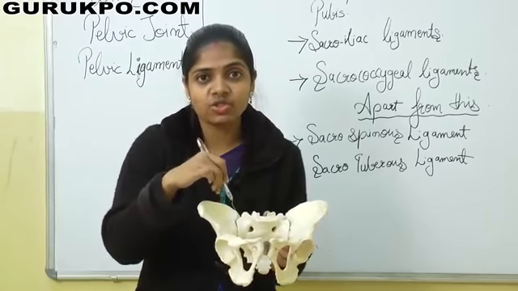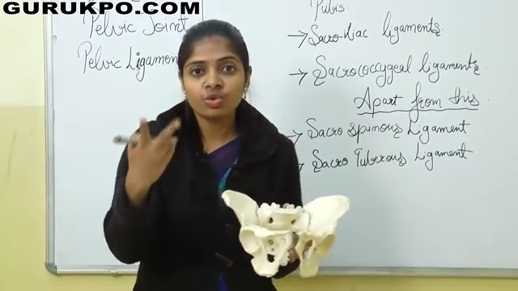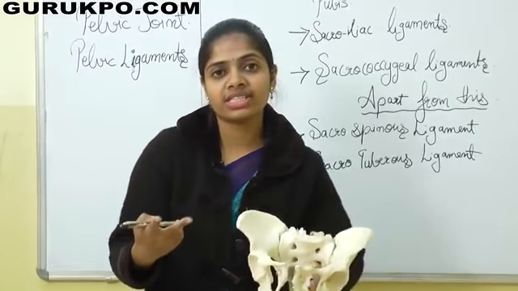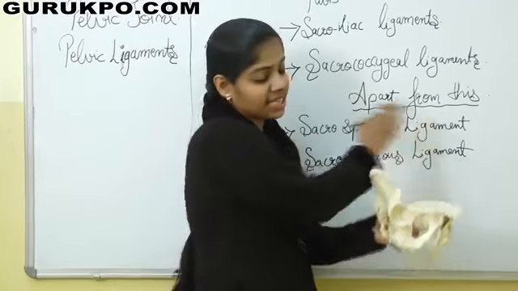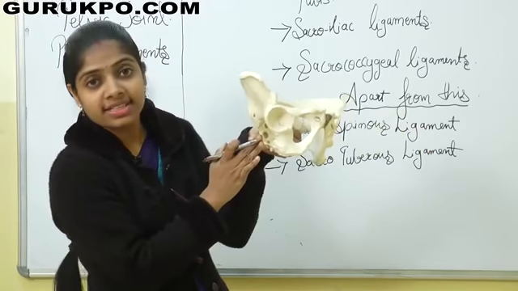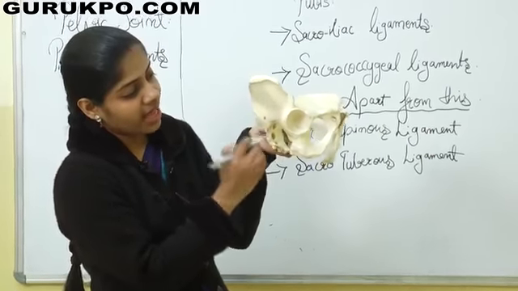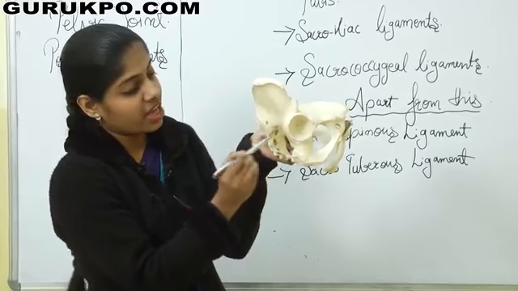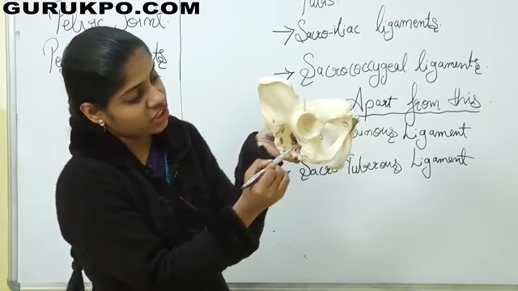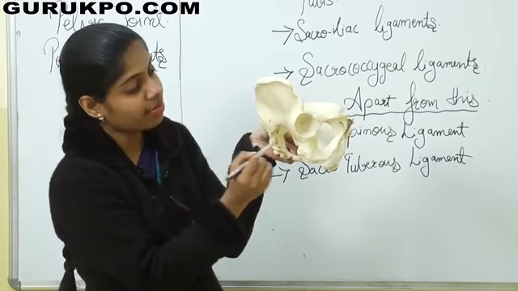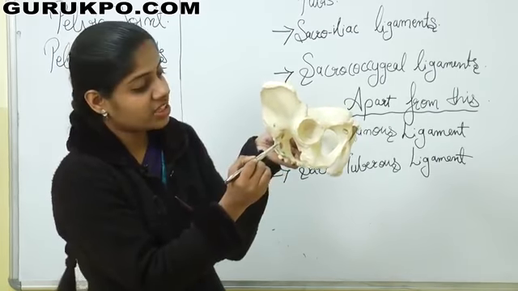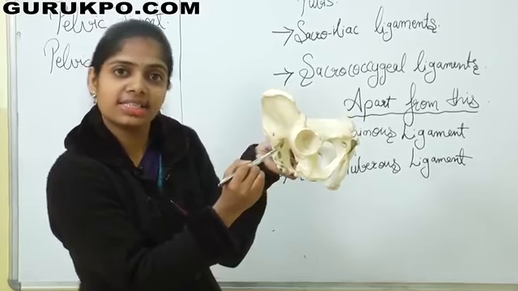Apart from these joints and ligaments, two other ligaments are also present in the pelvis. These are the sacrospinous ligament. This is the sacrum, and this is your ischial spine. From the sacrum to the ischial spine, there is a ligament, which is known as the sacrospinous ligament.